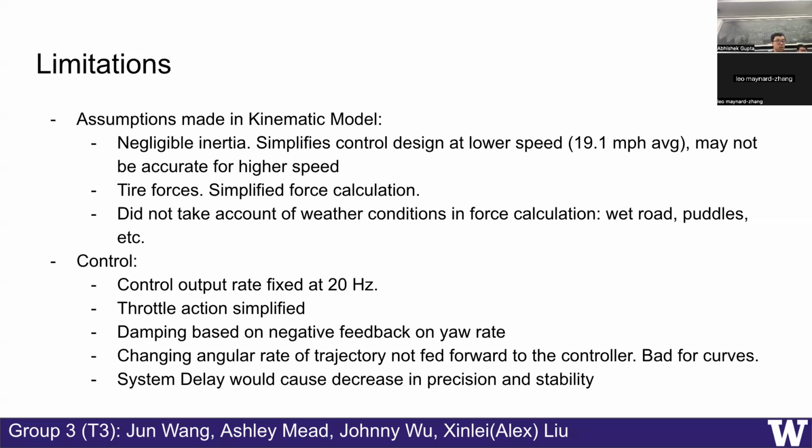And also there could be system delay. They didn't take account of the steering delay, that I can't steer the servo to a certain degree immediately, or the delay from signal processing.